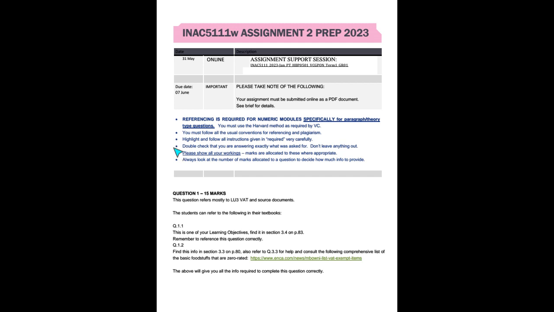Okay, so the first part that I want to go over and remind everybody with, for you guys online as well as those that will listen to this afterwards: these couple of items here in blue are common places where students lose marks unnecessarily. A reminder that referencing is required, even though this is accounting, but you only need to reference where there are paragraph type questions where you have to look at actual theory in your textbook or online.